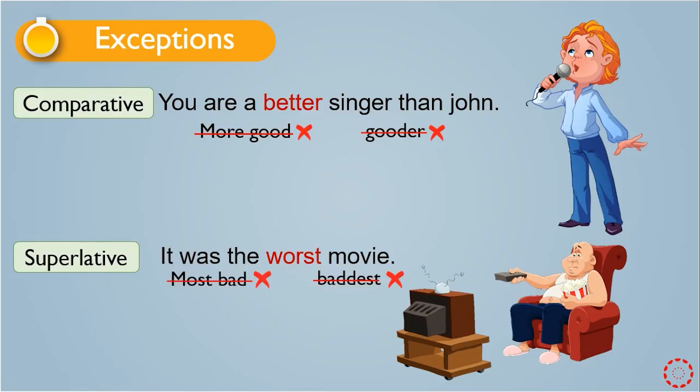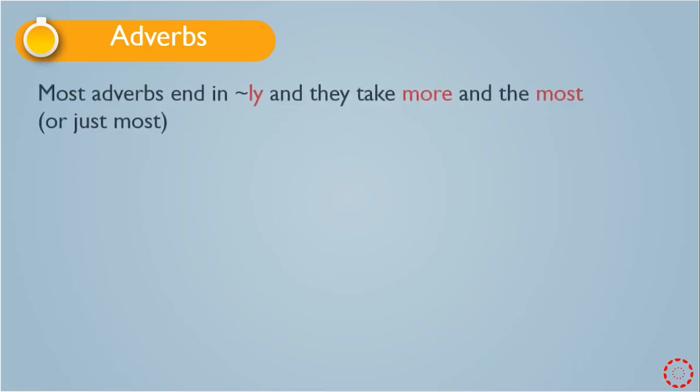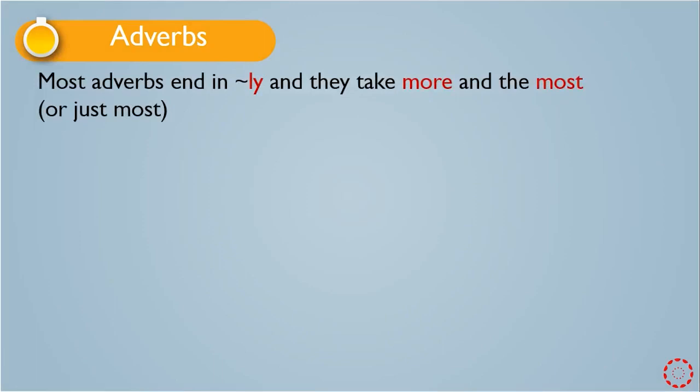And then we have another part, which is adverbs. Most adverbs end in ly and they take more and the most, or we can say just most. Look at here, we have examples. These are adverbs ending in ly: happily, quickly, slowly.